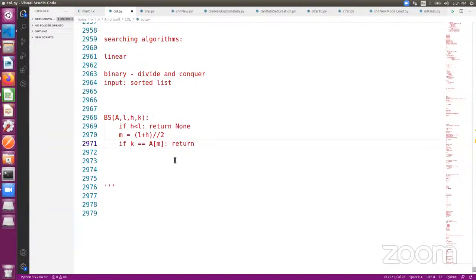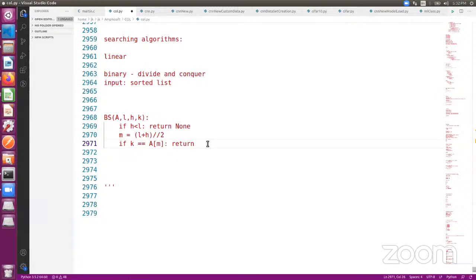Key equal to a of m means K is located at the mth index only, no?